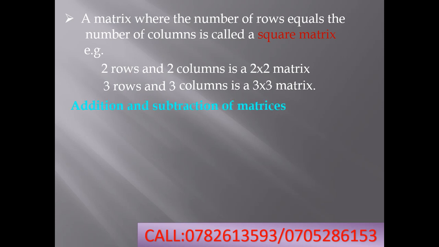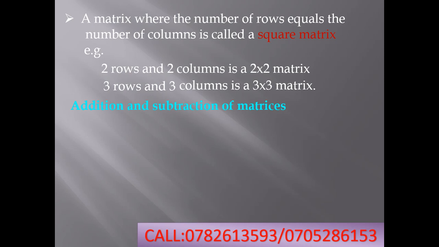Now we can look at addition and subtraction of matrices. Before we do addition and subtraction of matrices, we need to note that matrices can be added or subtracted strictly on one condition, if and only if their orders are the same.